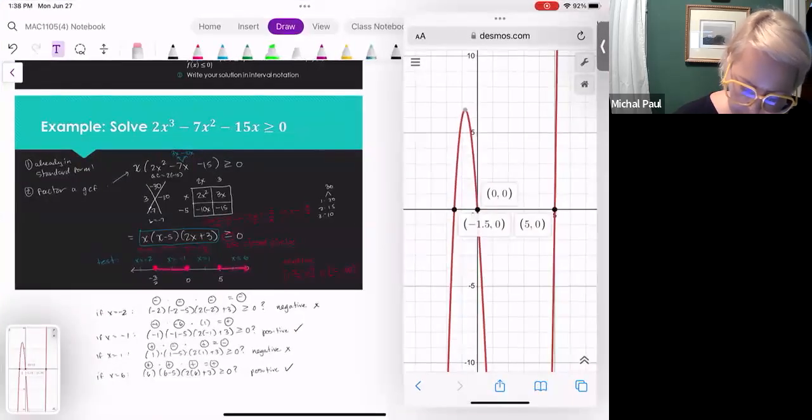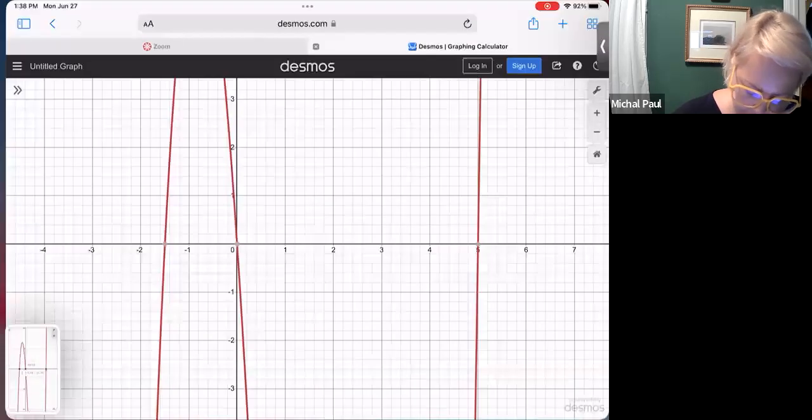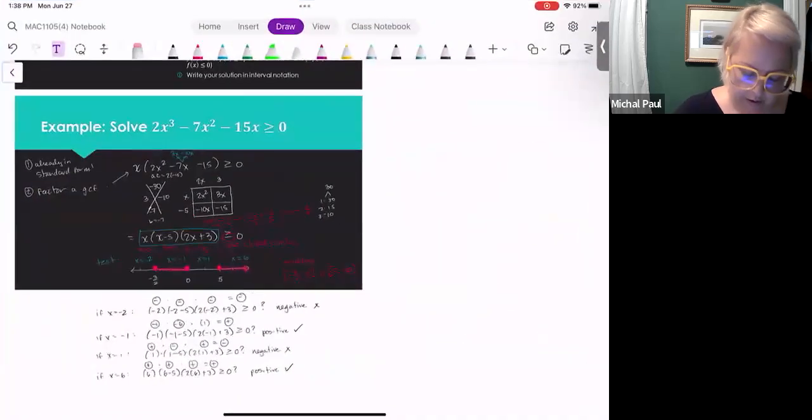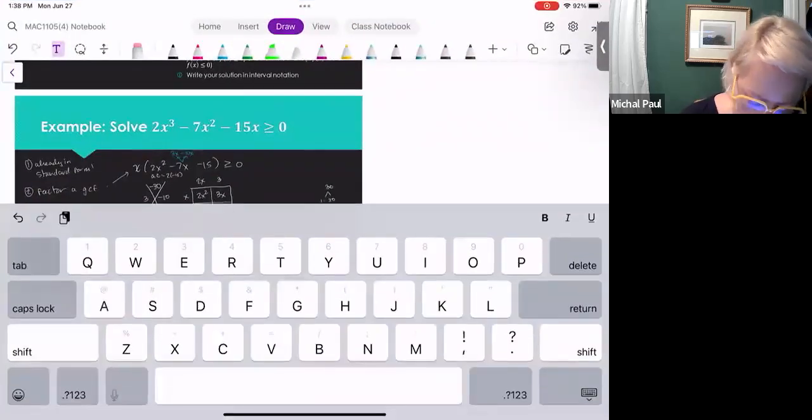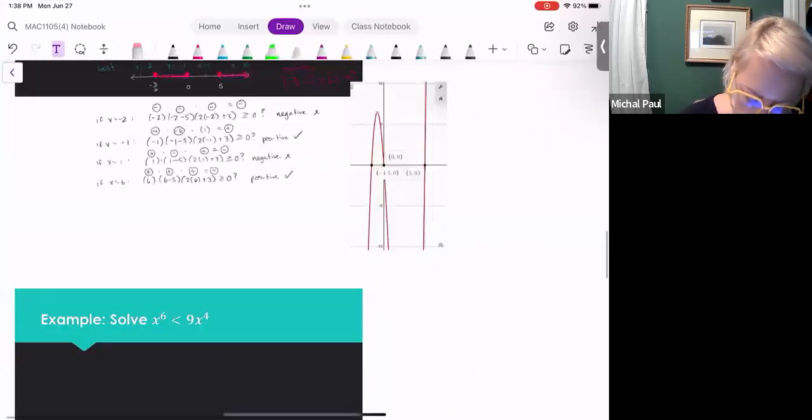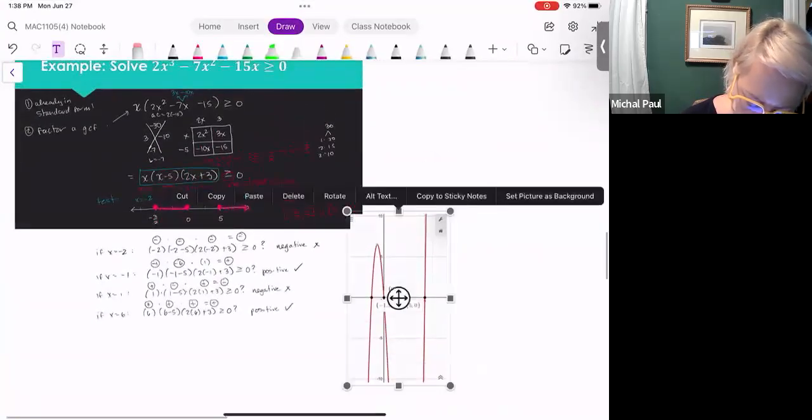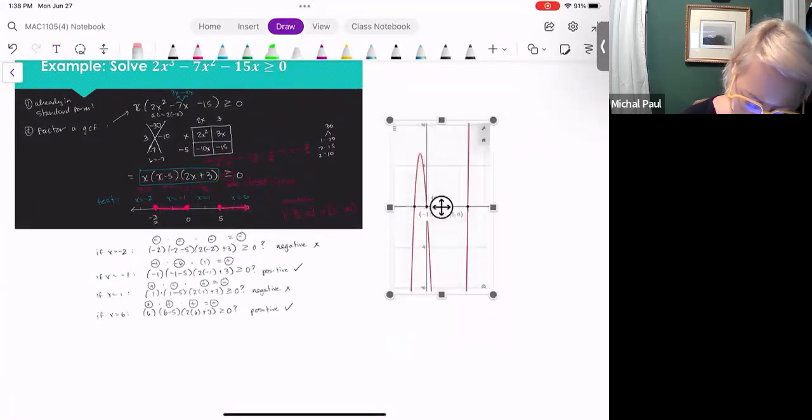Sorry, almost done. All right, and I'm going to paste this over here so you can see what it looks like. This is a graph of the function, and it is literally this easy.